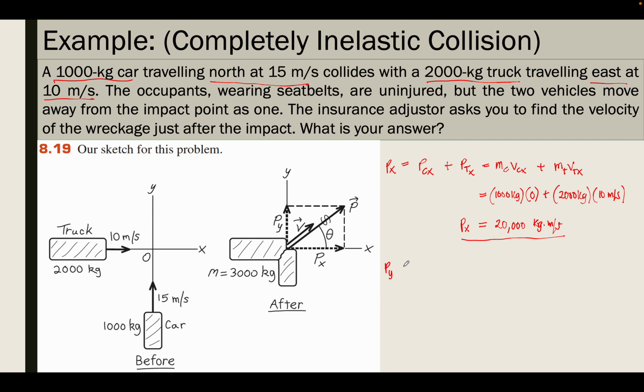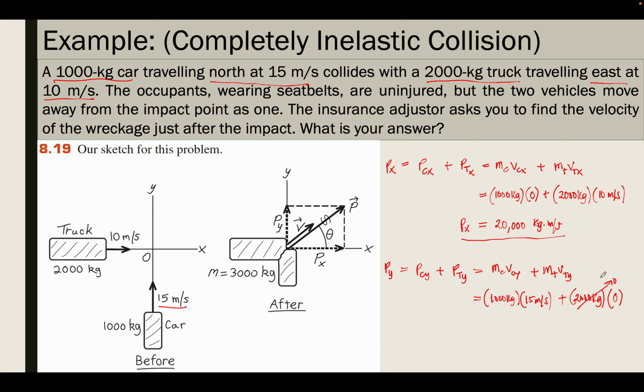Now how about for the momentum along the y? Same procedure. Momentum of the car along the y-axis plus the momentum of the truck along the y-axis. So we have m_c v_cy plus m_t v_ty. Again, the mass of the car is 1,000 kilograms times the velocity of the car along the y-axis, which is now 15 meters per second, plus the mass of the truck, which is 2,000 kilograms times the velocity of the truck along the y-axis, which is 0.